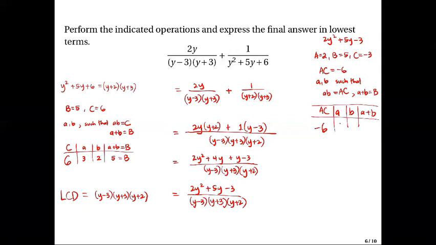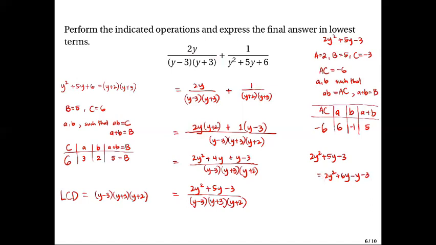So maybe we can have 6 and negative 1 in here. You add them, you'll get that 5. So for the factored form of 2y squared plus 5y minus 3, you can now rewrite this as 2y squared plus 6y minus y minus 3.